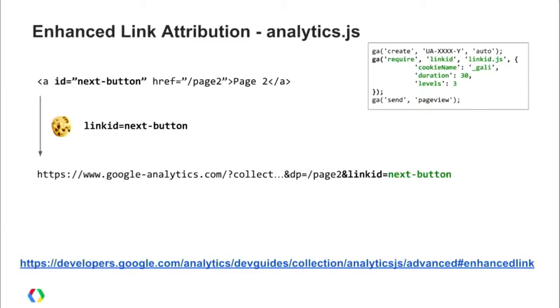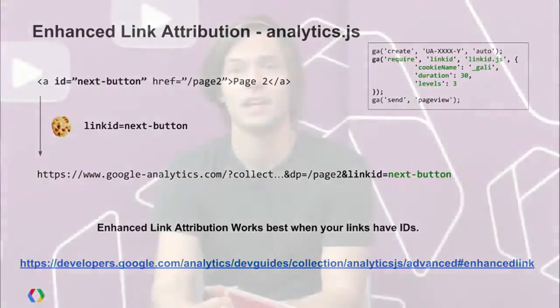Then on the next page, when you actually send the page view, we'll include whatever that element ID is in the hit as part of this link ID parameter. That's the way we're able to tell, in the in-page analytics report, that users came to this page 2 not from some other link, but from this specific next button, for example.